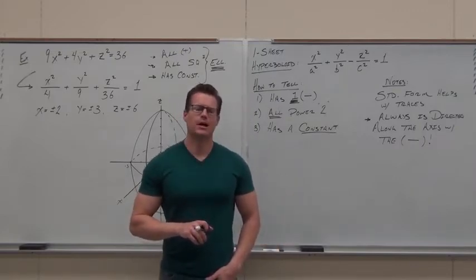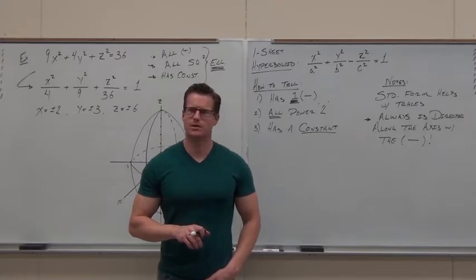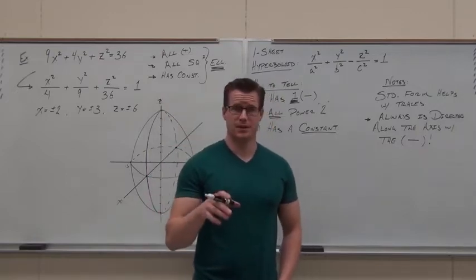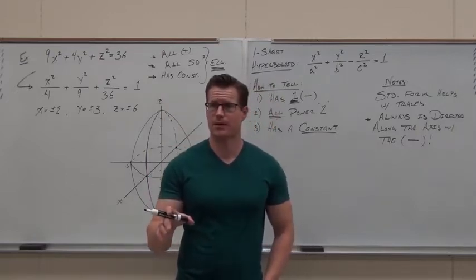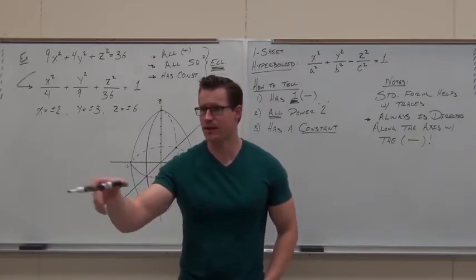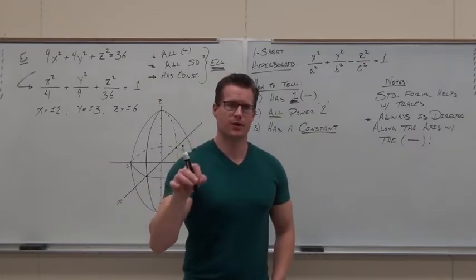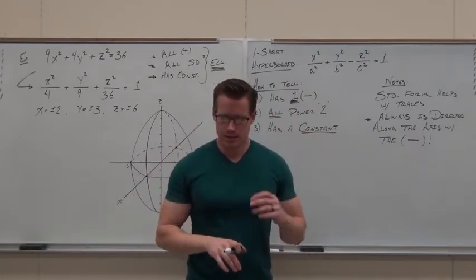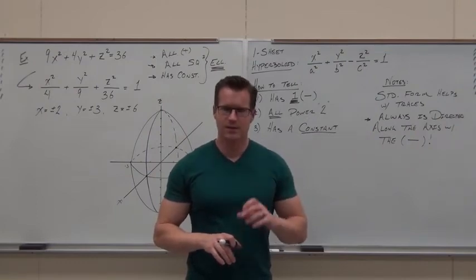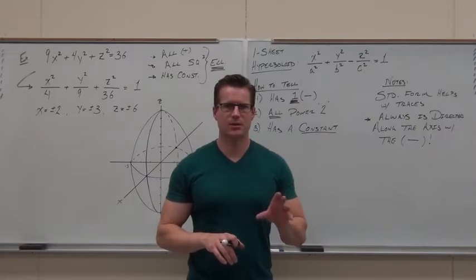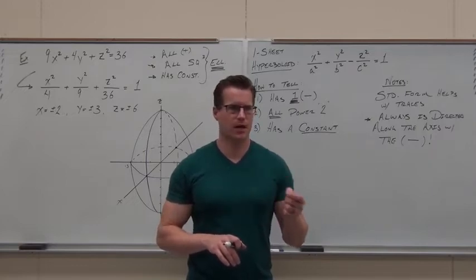How many traces are we going to need? What do you think? Three. A minimum of 3; 3 is typically good enough. Here's what to do in this particular case. The variable with the minus in front of it is the one it's directed along, and that's the important one. Take that negative variable, set it equal to 0, and set it equal to plus and minus the square root of the denominator.